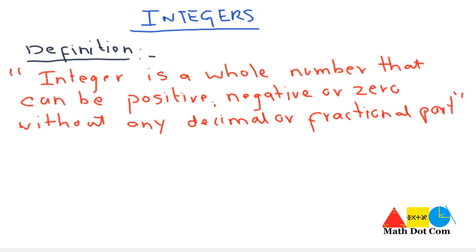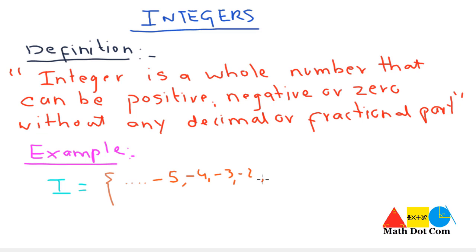Let's take an example. What are the integers in mathematics? Let's take an example of a set. For example, I is the set of integers, and it consists of -5, -4, -3, -2, -1, 0, 1, 2, 3, 4, and so on.